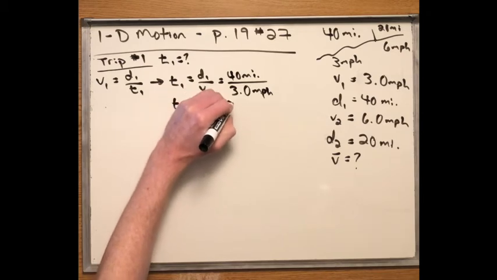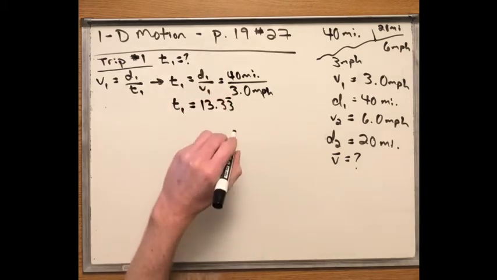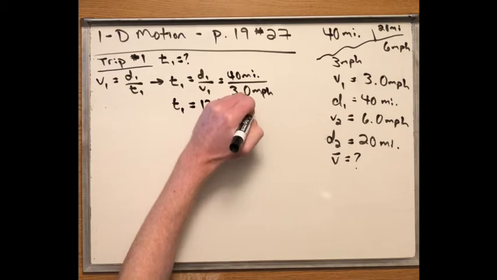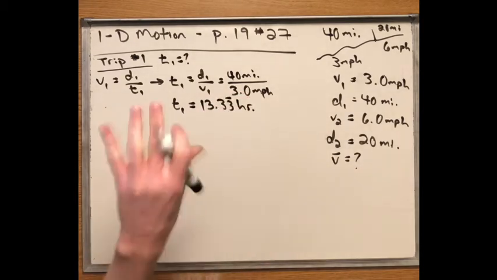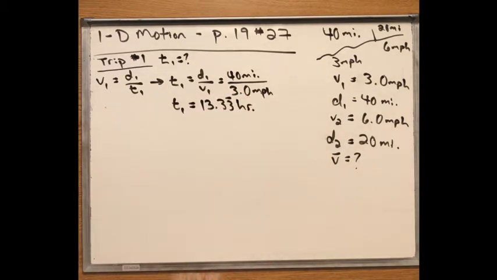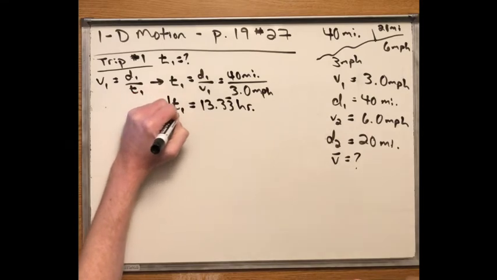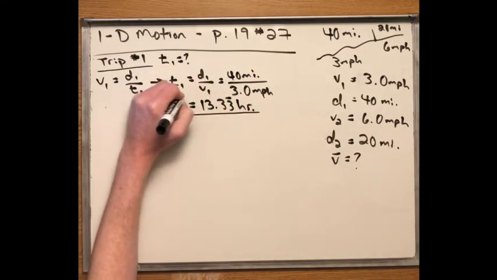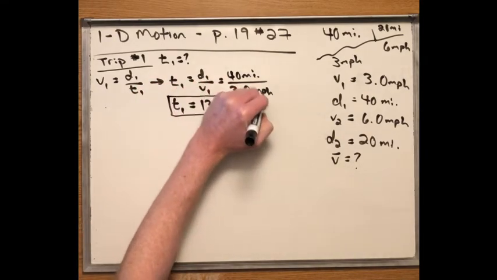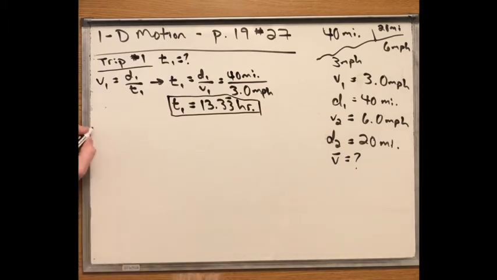And so I'll write just something like that. We're not going to go nuts about sig figs. It's 13.33333 repeating hours. And so I'll take that and I'll put that in a box and I'll leave that off right here at the top.